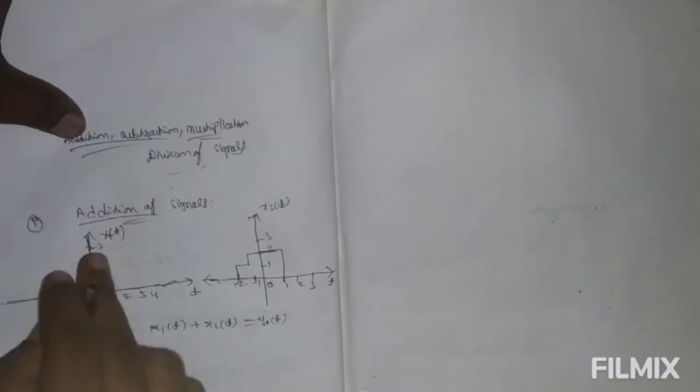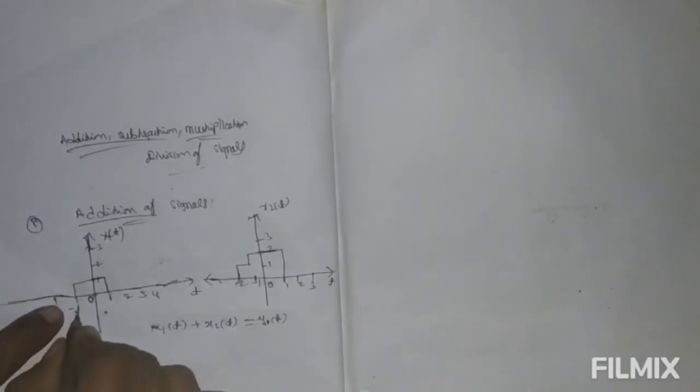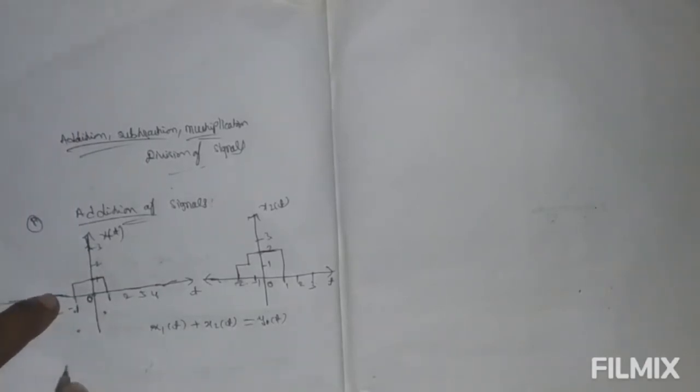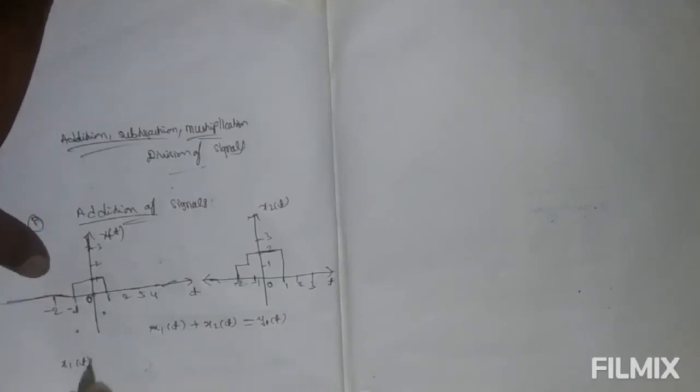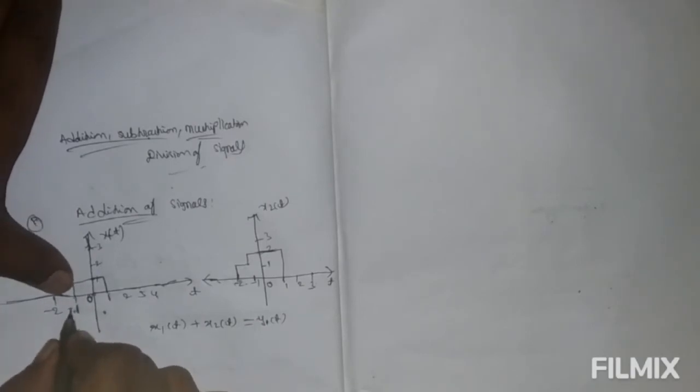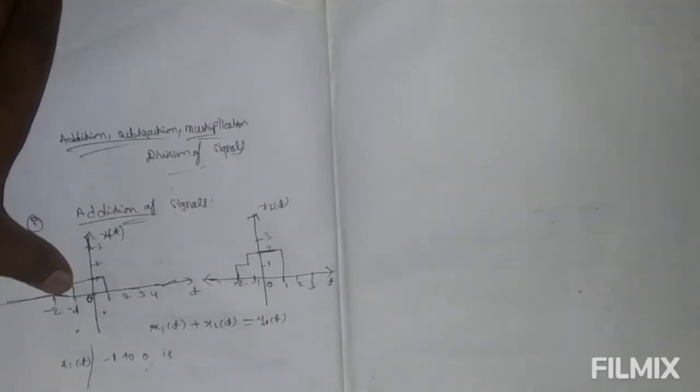First, for x1 of t, the value between minus 1 and 0 is 1.